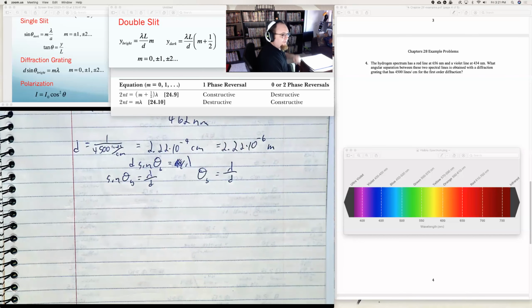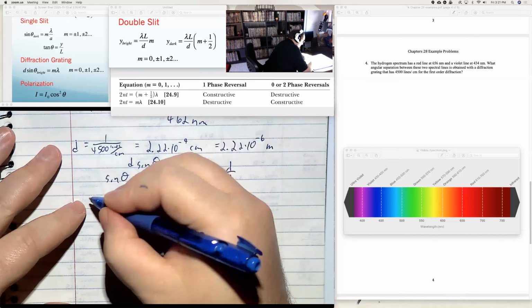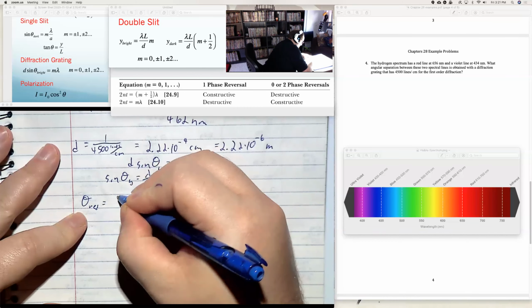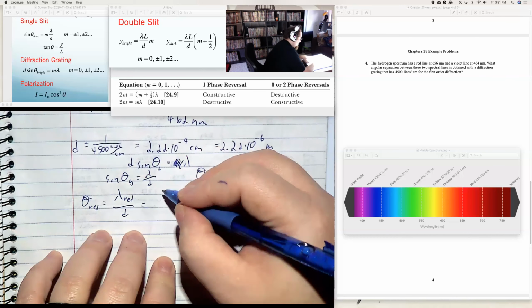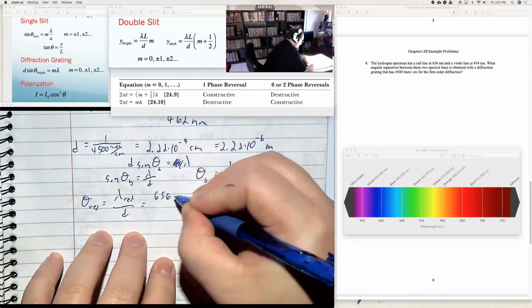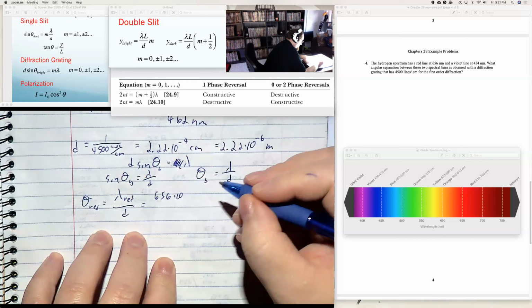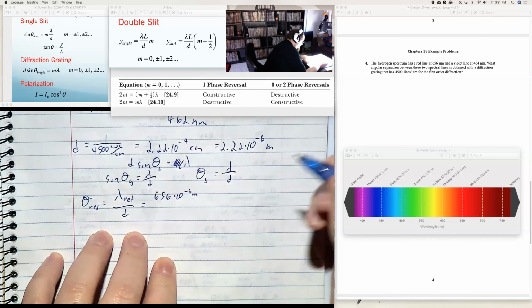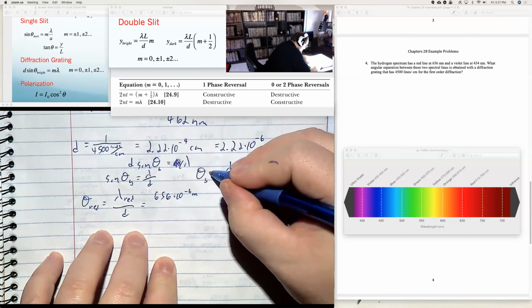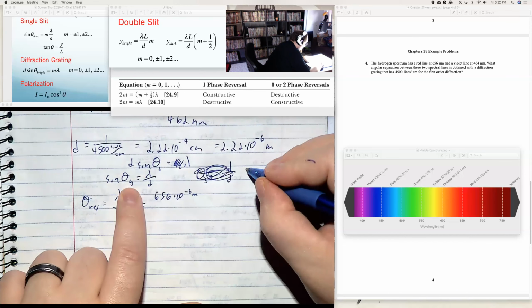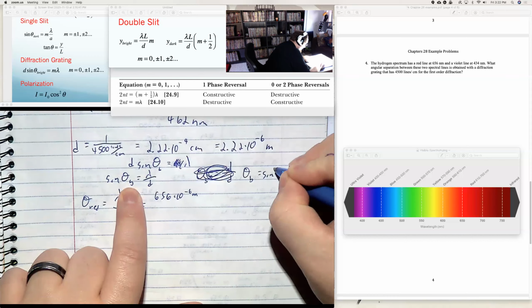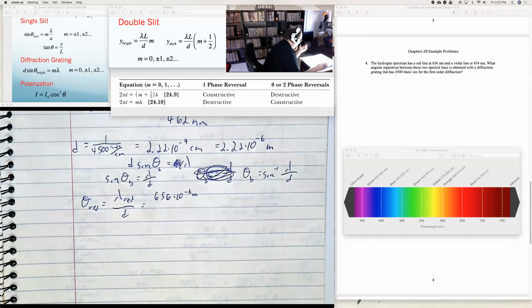Now I want to know the difference between angles, so I'll say theta red equals the inverse sine of lambda red over d. Oops, I didn't write my inverse sine. Sorry, I skipped something. When I got to the side, theta b equals the inverse sine of lambda over d.